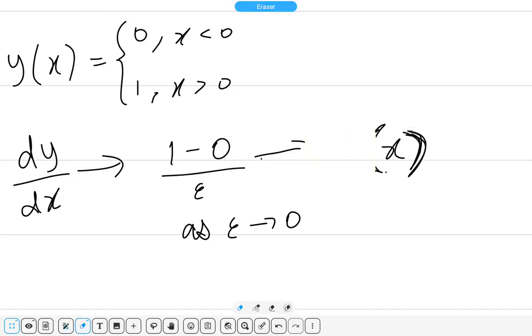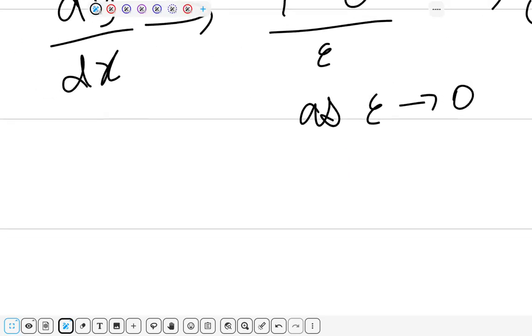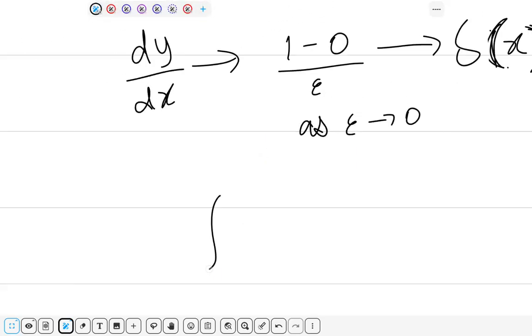So now, I don't know what can be more rigorous, but you can clearly see, right? If I integrate this, let's say from some reference point to x, y of x dx, I mean, integrate this derivative dy by dx times dx.